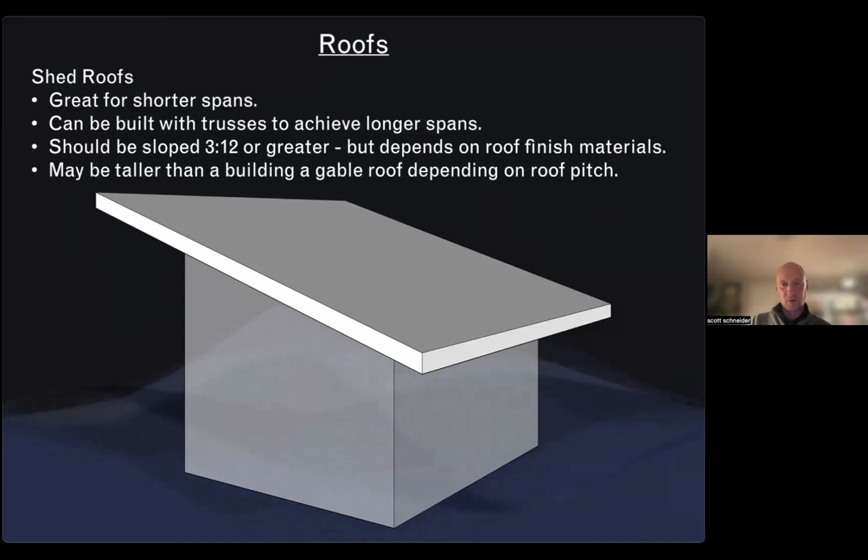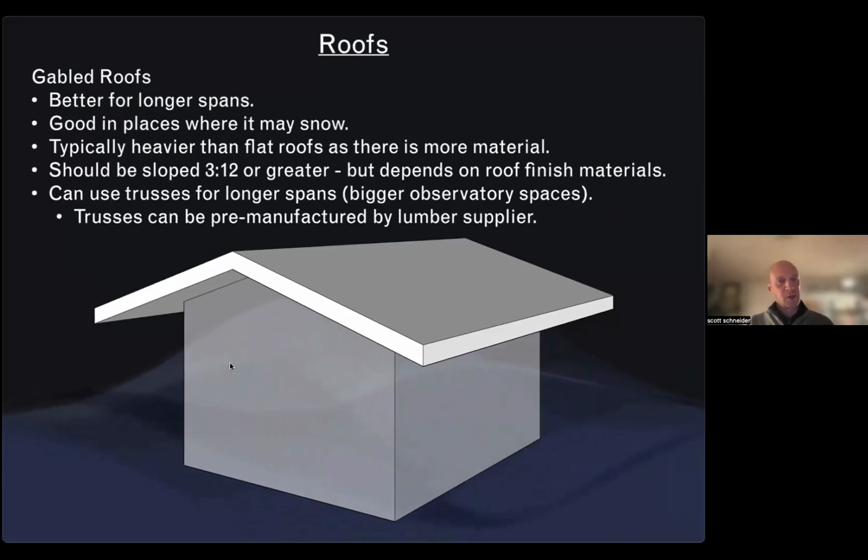And then gabled roofs are very similar to shed roofs. They're just pitching in two directions. They're probably a little bit better in places where it snows, because you're pitching in two directions, so hopefully snow isn't sitting on there.